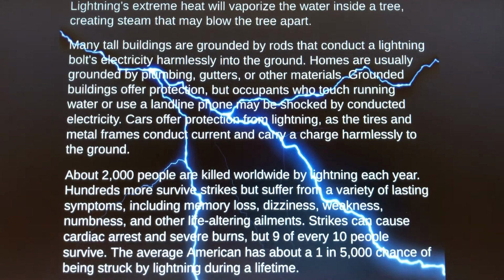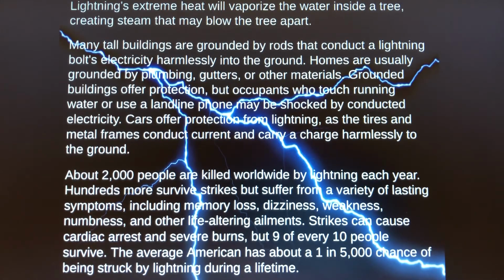Now, the heat that comes off of lightning, it'll vaporize the water inside of a tree and create steam that'll blow the tree apart. Now, most tall buildings, skyscrapers, are grounded by these special rods called lightning rods that conduct the electricity right into the ground.